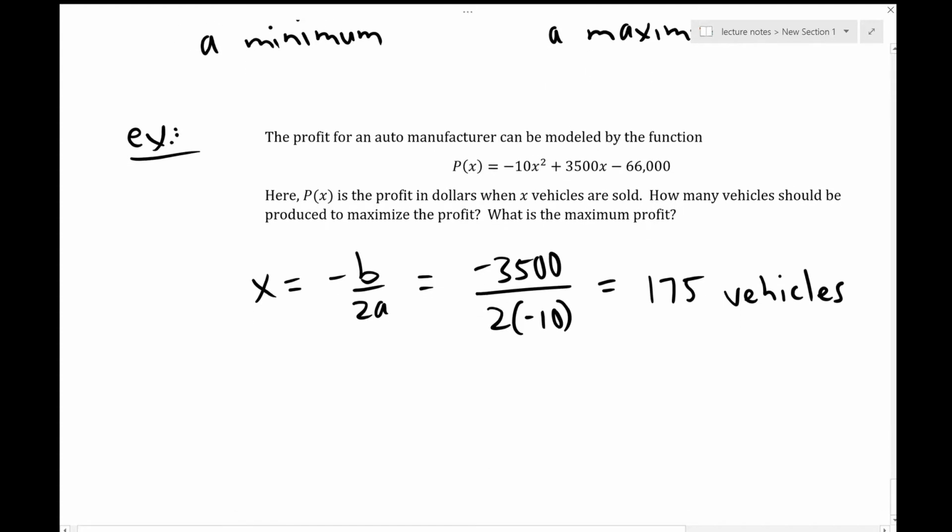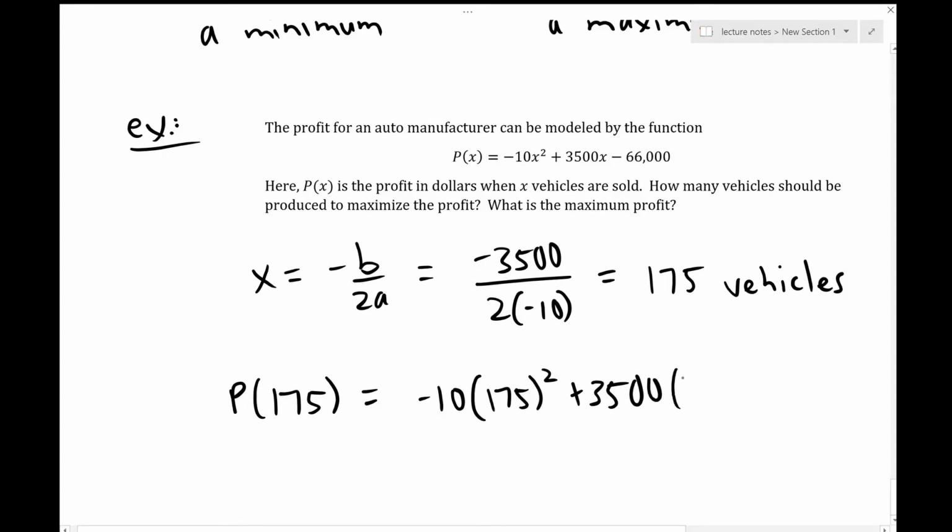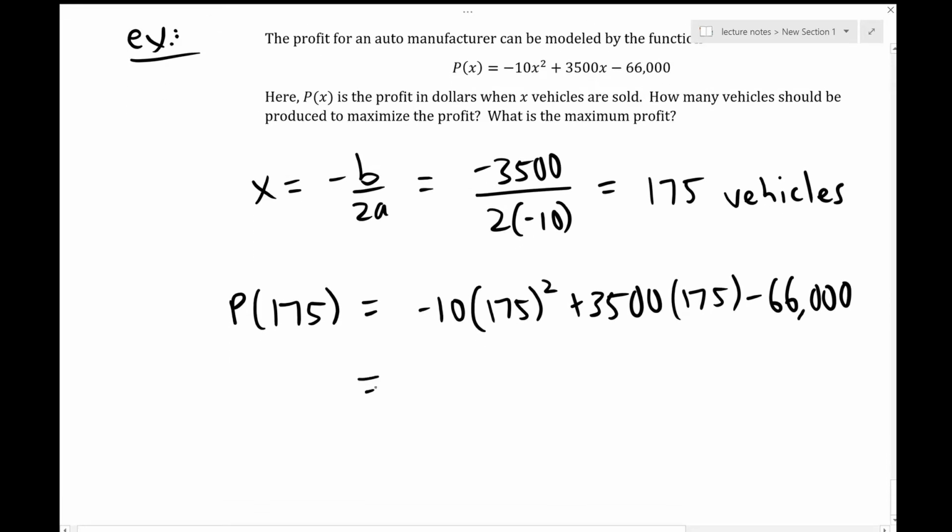The second part: what is the maximum profit? For that, we simply need to take this number and plug it back in. So we need to find P of 175. It would become -10 times 175 squared plus 3,500 times 175 minus 66,000. Obviously, when the numbers start to get really big like this, using a calculator will be very handy.